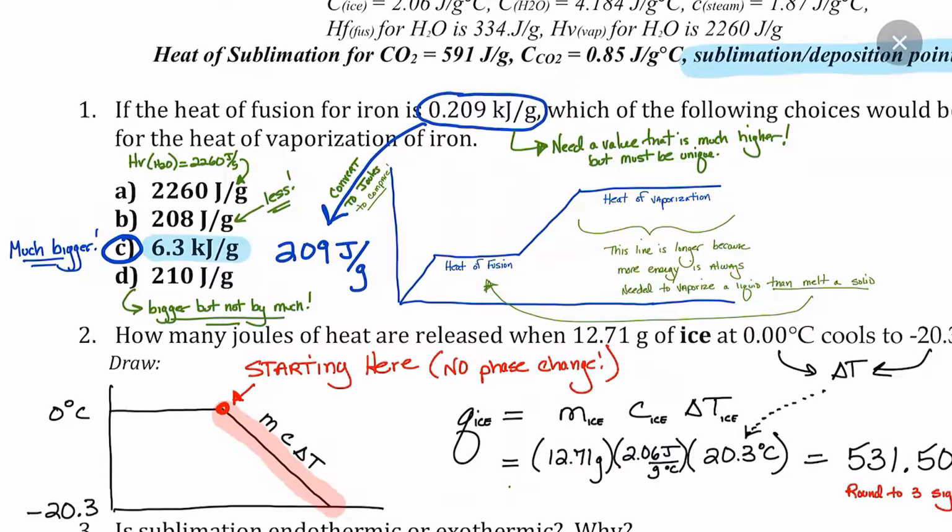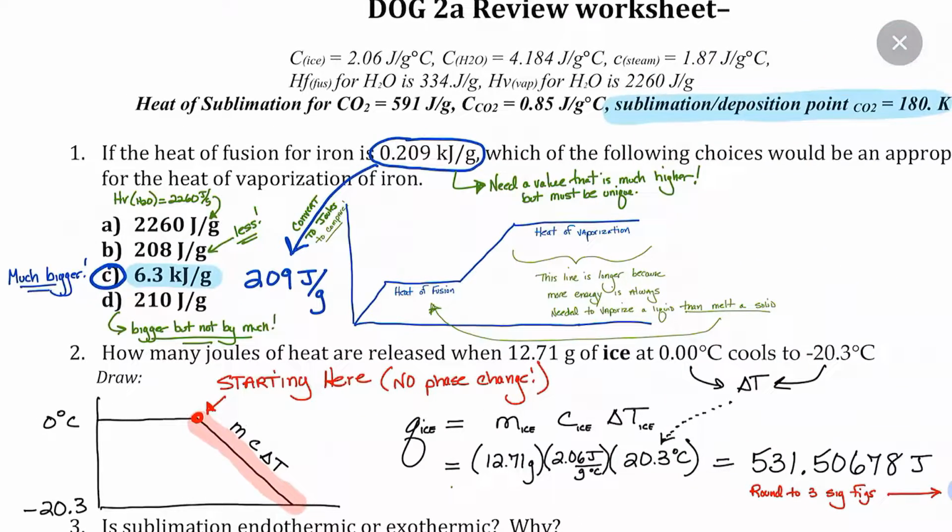But if you look at the problem, it says ice at 0, and we're at 0 right here, is going to go down to negative 20.3 degrees Celsius. And so what we know is if we have ice and it's just getting colder, we didn't say we had water that froze. All we did is we had ice at 0 and it went down. Ice can be at 0.